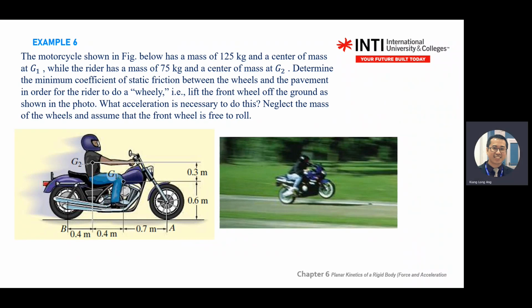Okay, this question asks you to find the friction, right? Later, I'm not sure whether in this chapter or the next chapter, you are given mu s and mu k. You need to decide which value to use.